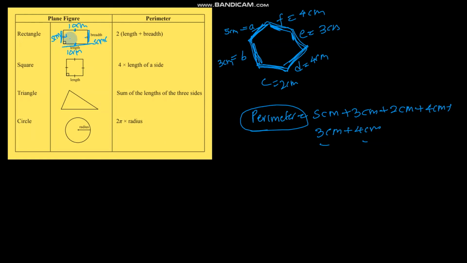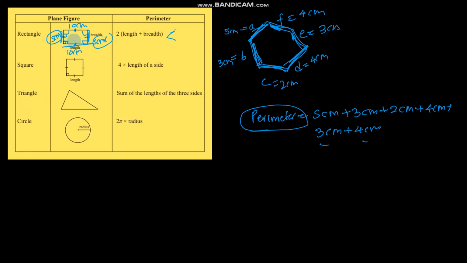There are actually two features of shapes like a rectangle. There are altogether four sides, but the opposite sides are equal to each other. The other thing is that all the angles inside the rectangle are right angles.